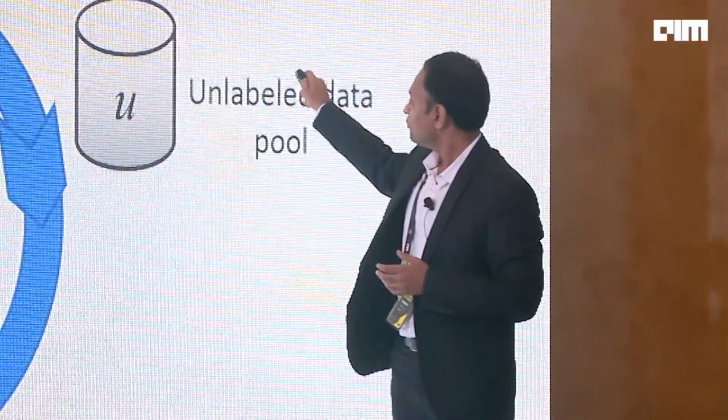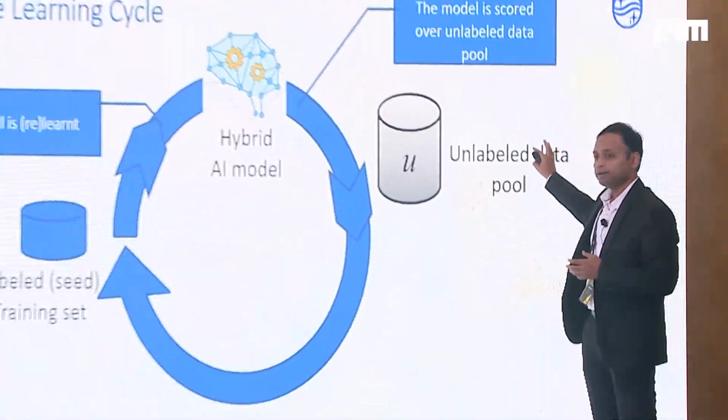Most of you might have applied this concept in machine learning called active learning, where you create an initial seed label or a seed model, the same way that in hybrid AI, the initial model that comes as an outcome could be the initial seed model. Then with this model, we take the entire unlabeled pool of data.